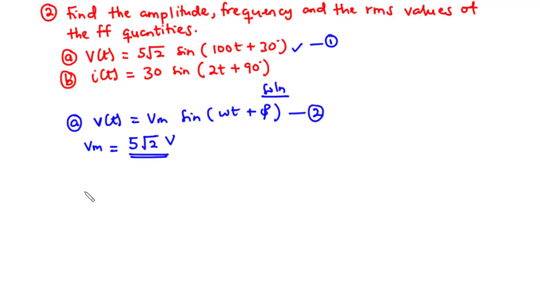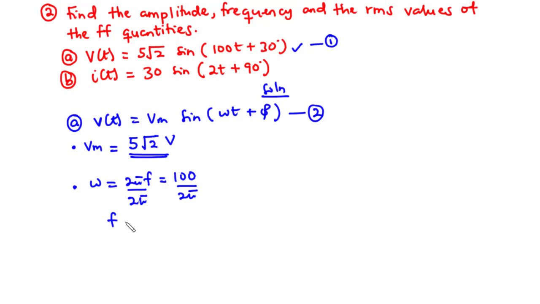Now let's find the frequency. So for the frequency, we know that omega is equal to 2 pi f. And considering the two equations, we have 100 equals omega. Therefore, we equate this to 100, and then we want to divide through by 2 pi.